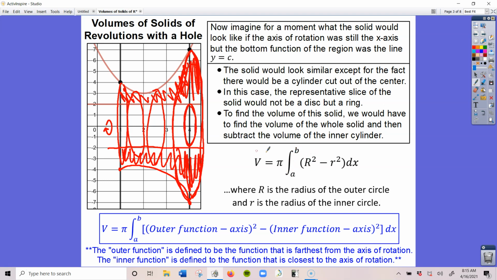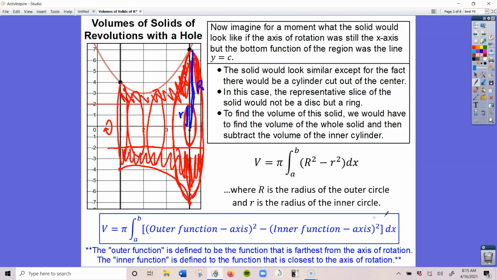Capital R is the big radius, the radius of the big circle. If this is my axis of rotation, this would be capital R. And then little r would be the radius of the little circle. So this would be little r. That's why we do big R squared minus little r squared.